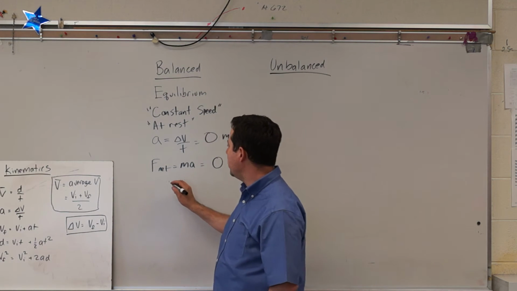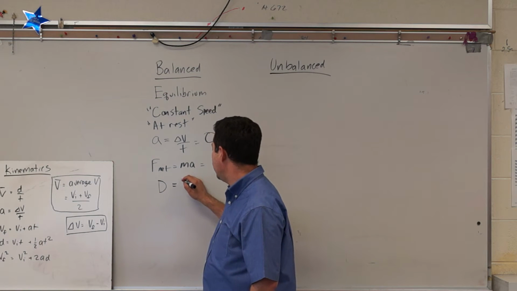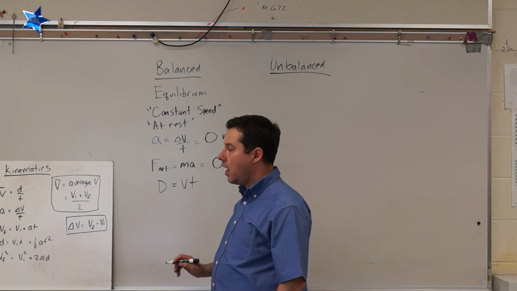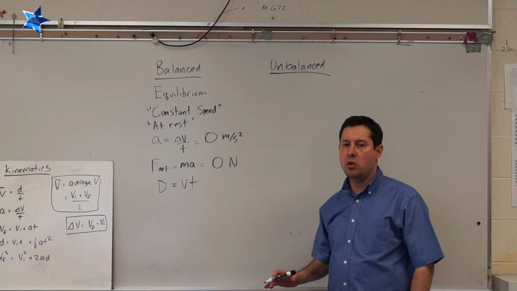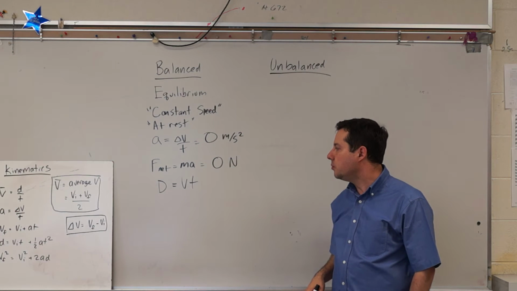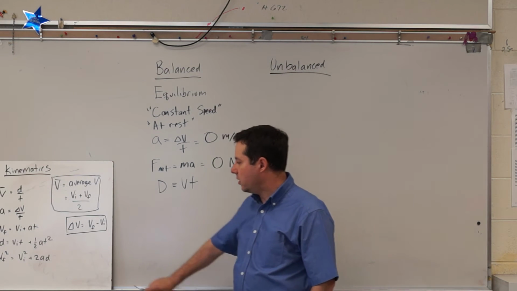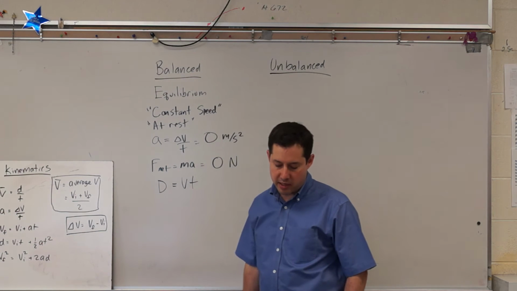So you can use the constant speed equation whenever you know something is balanced. Distance is equal to velocity times time. This is always going to be true in a balanced situation where your acceleration is zero. Not an equation necessarily on its own on the reference table, but it can be derived from these kinematics equations here.